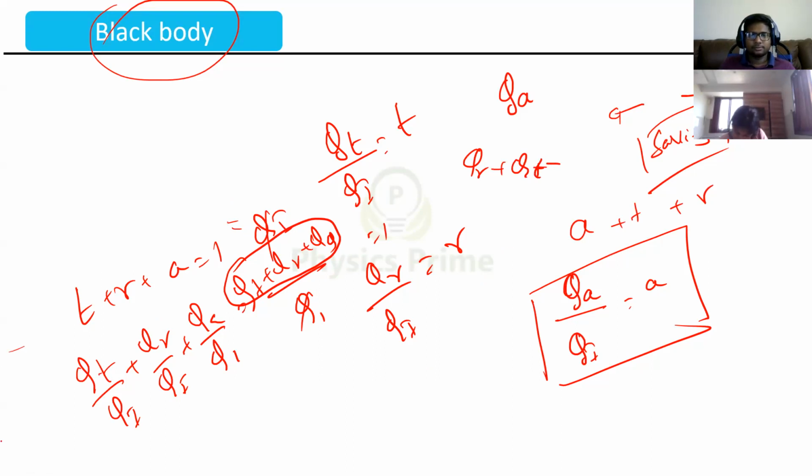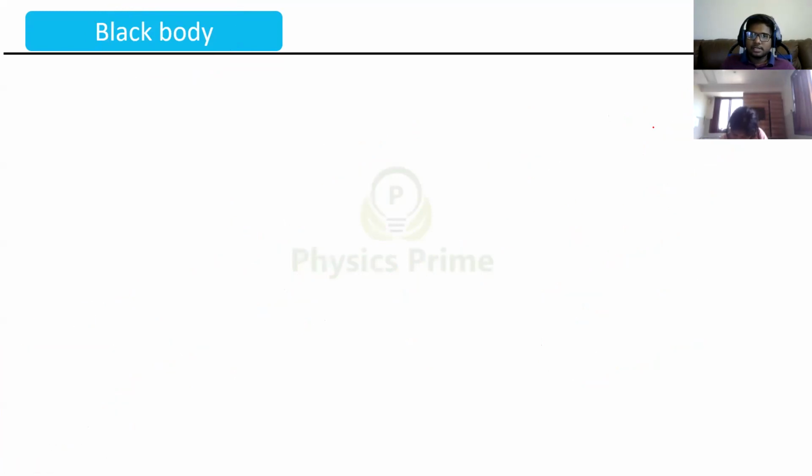Shall I go ahead? Yes. Here that means QT plus QR plus Q absorption is equal to Q incident. That means T plus R plus A is equal to 1.